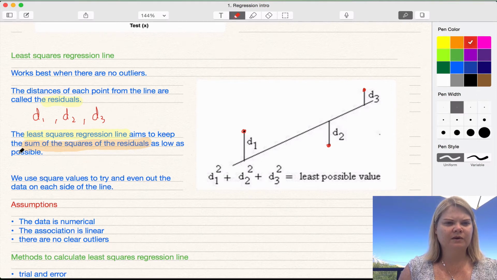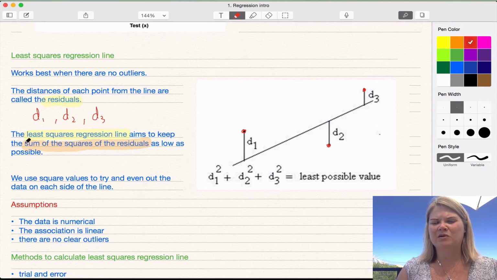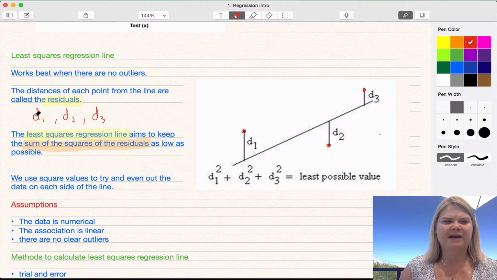The sum of the squares of the residuals. There's a few words in there. The sum means we're going to add them all up, and the squares of the residuals means we just take these residual distances and square them, so multiply them by themselves. So I've got a little formula written down here. We're looking for D1 squared, plus D2 squared, plus D3 squared, and we're aiming to make that the smallest value that we possibly can.